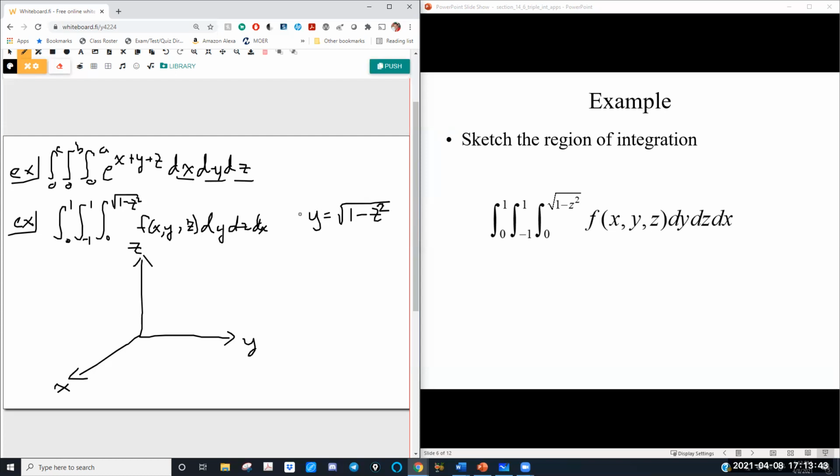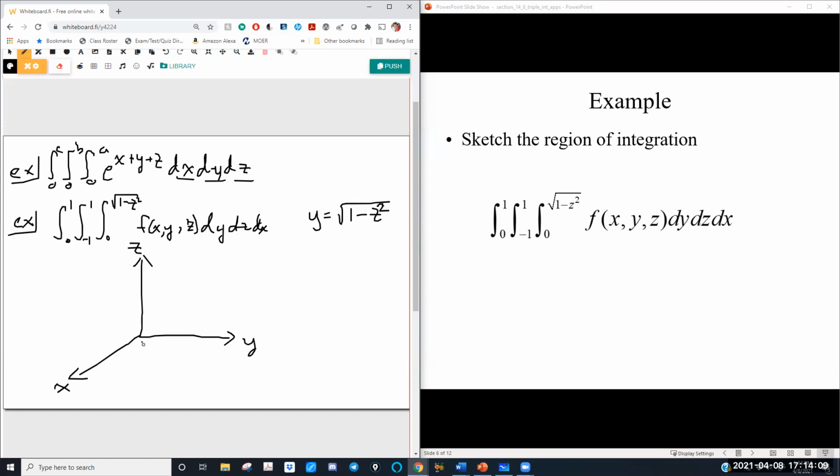Square both sides, move the z over, and you get the formula for a circle of radius 1. By taking the square root, we can only get positive y values. So it's in the YZ plane because those are our two variables. We know it's going to be circular because of the format, and the radius is going to be 1 because this number here is the radius squared. So that's how I know all that.